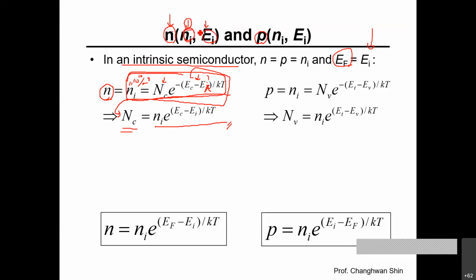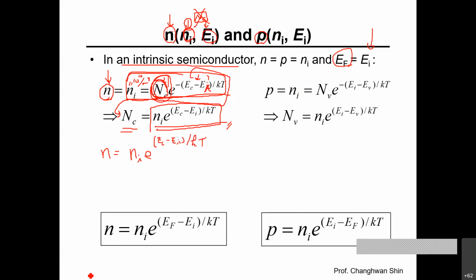We don't want to use N sub C, the effective density of states, anymore. So for that purpose, let's rearrange the equation again. So n is equal to N C, right? Instead of N C, let's use this, n i exponential E C minus E i over kT.